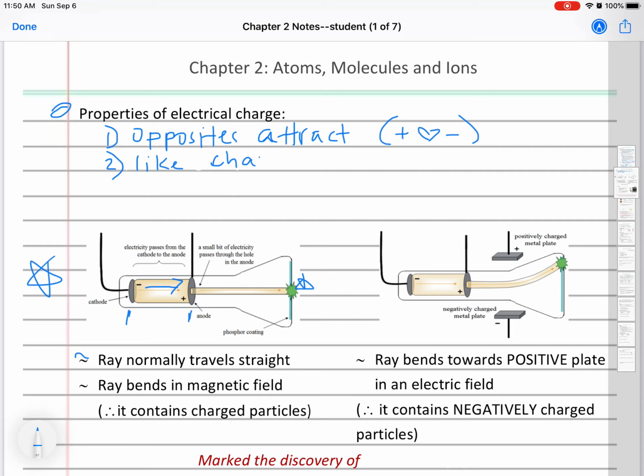Like charges repel. So positives and positives will repel each other. And then the third rule of electrical charge is that opposite charges will sum to zero.